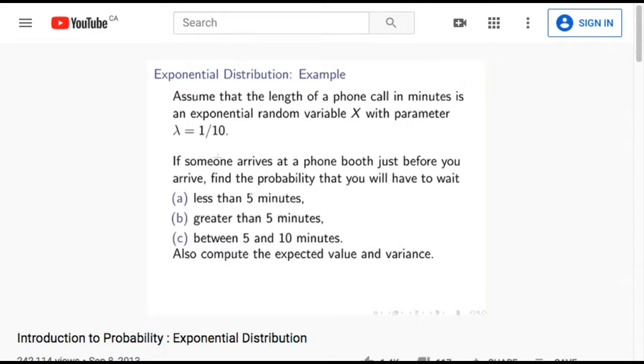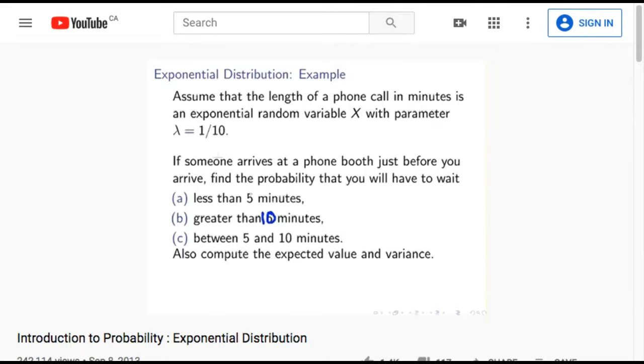If someone arrives at a phone booth just before you arrive, find the probability that you have to wait less than 5 minutes, greater than 5 minutes, and between 5 minutes and 10 minutes. Also compute the expected value and variance. I'm going to change that to 10 minutes just to make that a little bit easier to work with and speed things up.